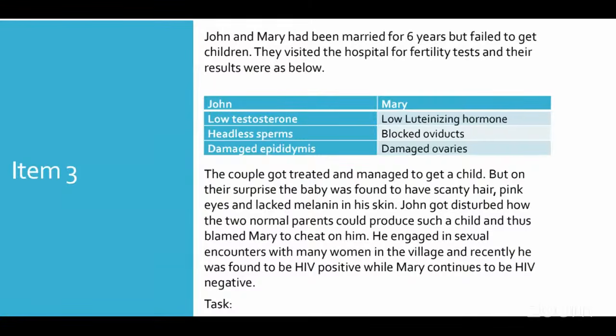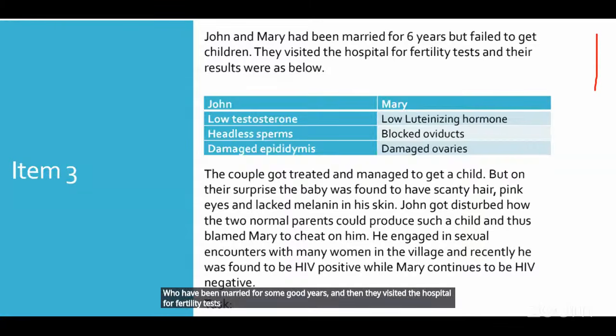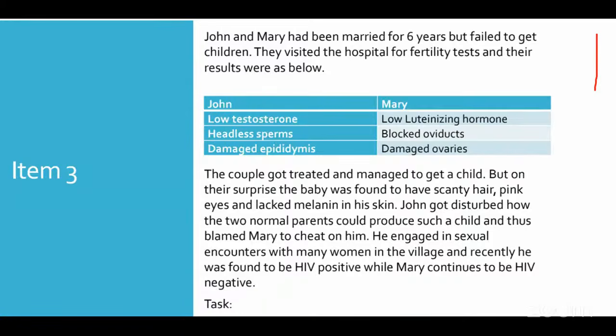So hope we've taken a screenshot already. All right, so we have John and Mary who have been married for some good years, and then they visited the hospital for fertility tests because they couldn't get a child. And the question, was there anything to deal with peer influence?